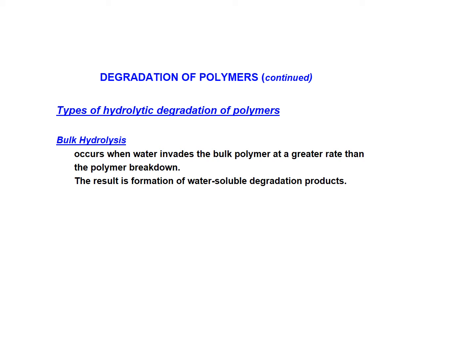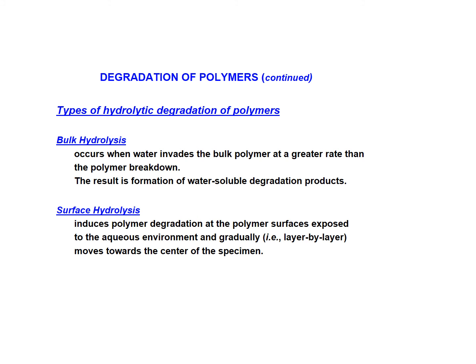This refers to the invasion of the water into the bulk polymer at such a rate that causes the polymer breakdown. As a result of this particular breakdown, there are many water-soluble degradation products. Some of them will be the monomers, for example, of the specific polymer, which is degraded.